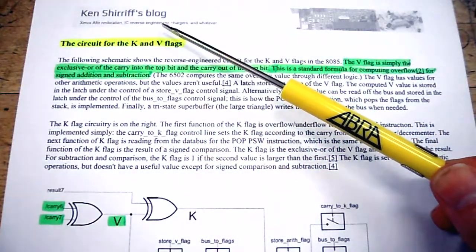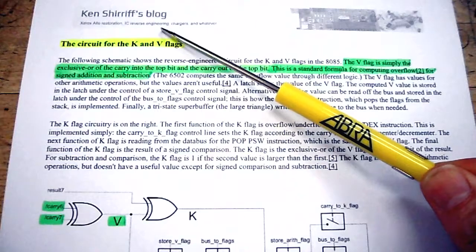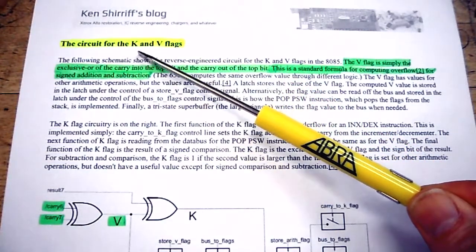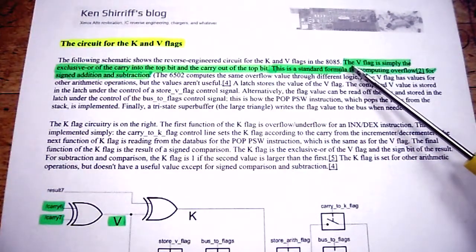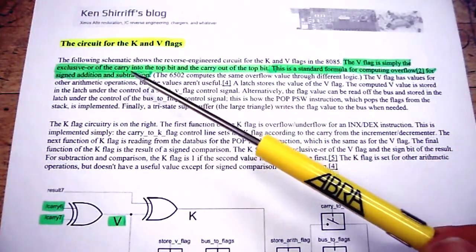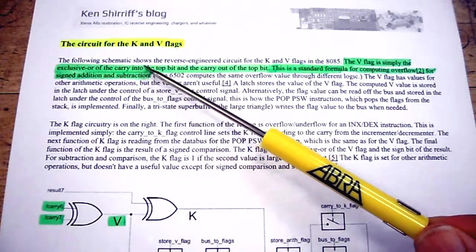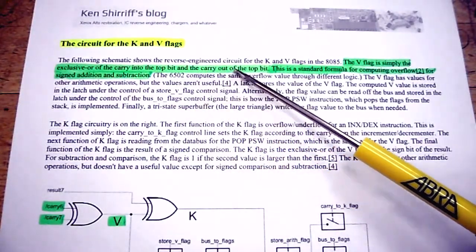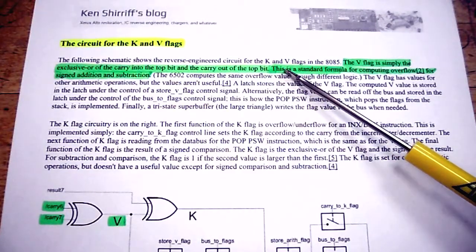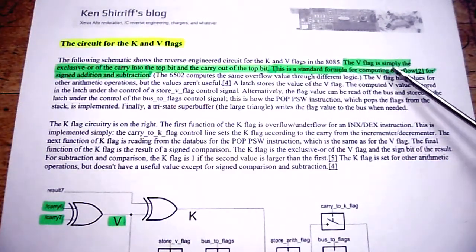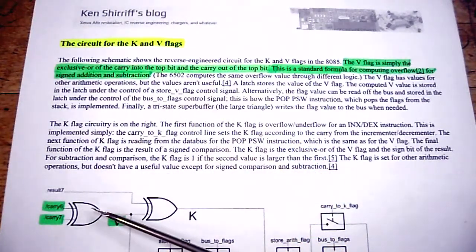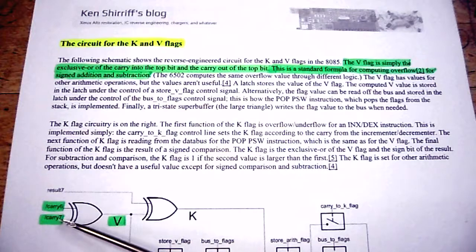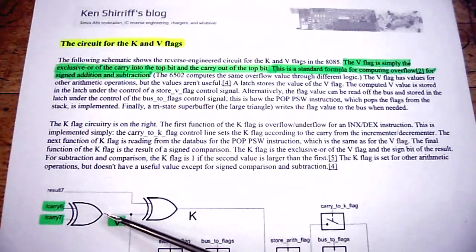And you'll remember I introduced you to Ken Shirriff's blog, where he showed us the circuit for the K and V flags. And in the documentation it says the V flag is simply the exclusive OR of the carry into the top bit and the carry out of the top bit. It says this is the standard formula for computing overflow for signed addition and subtraction. And they gave us a little schematic here of carry 6 and carry 7 going into an exclusive OR and coming out as the V flag bit.